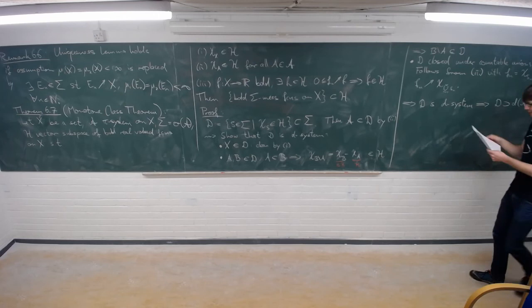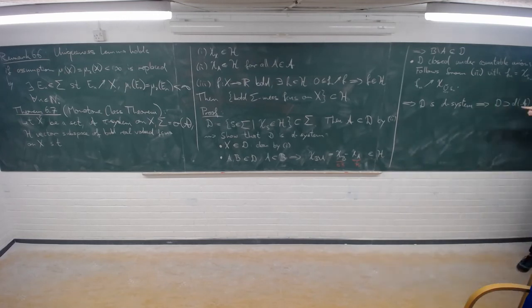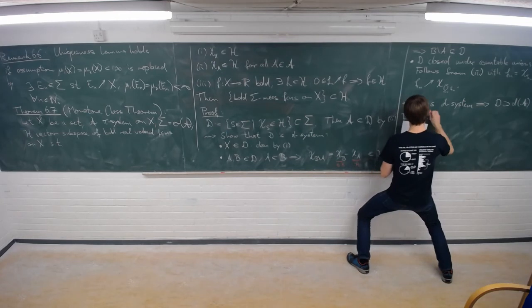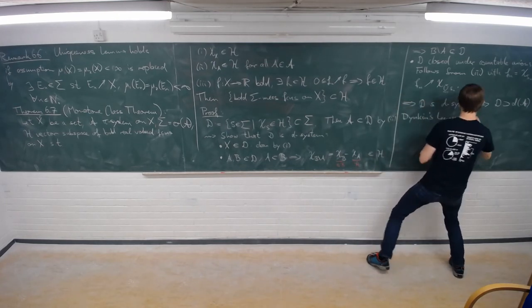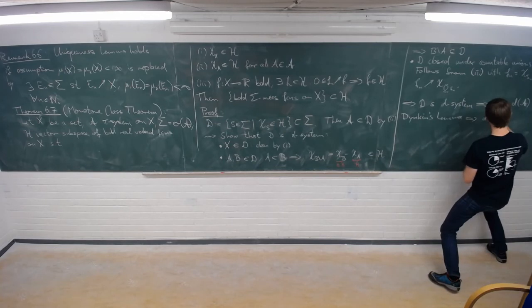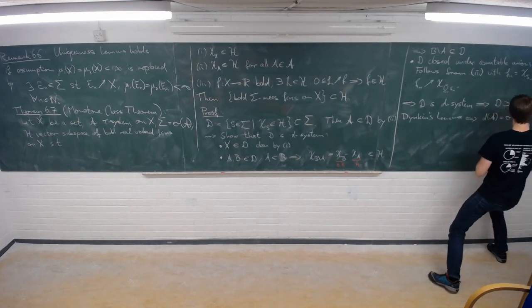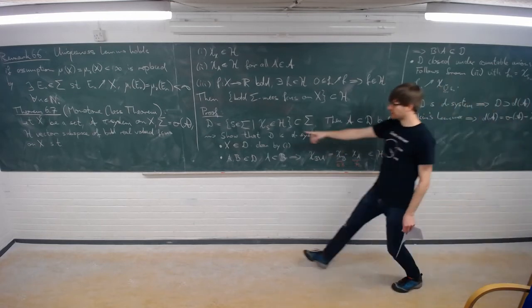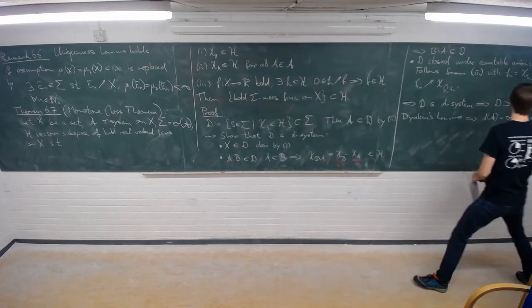But now, by Dynkin's lemma, because A is a pi system, the D system generated by A is equal to the sigma algebra generated by A. That was the statement of Dynkin's lemma. Sigma of A in our notation was just capital Sigma. So from this we know that D contains Sigma, and D is included in Sigma by definition. So D has to be equal to Sigma.